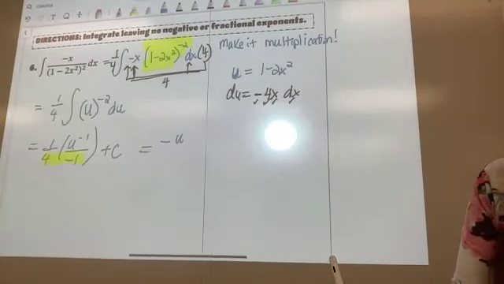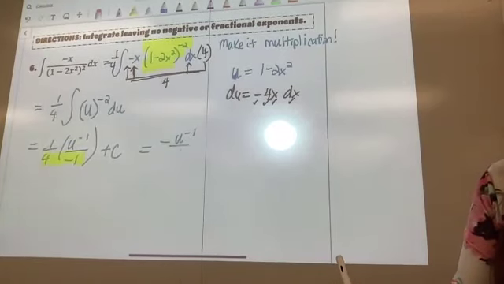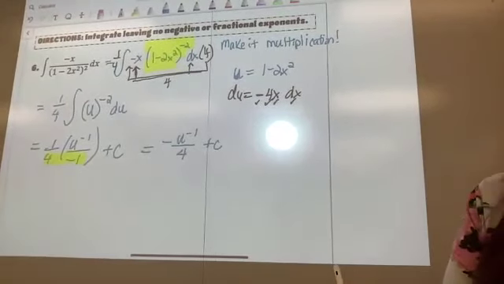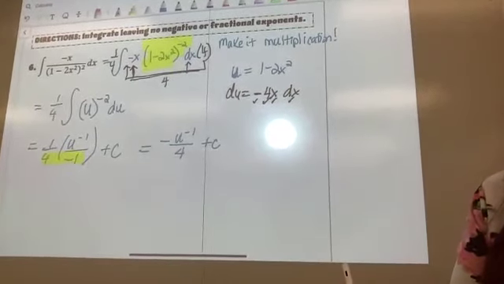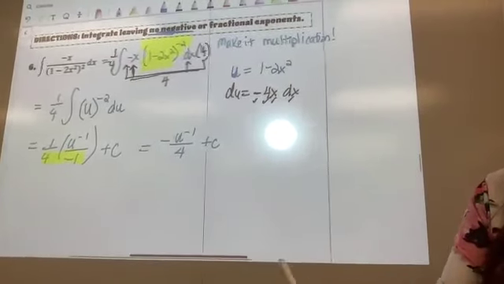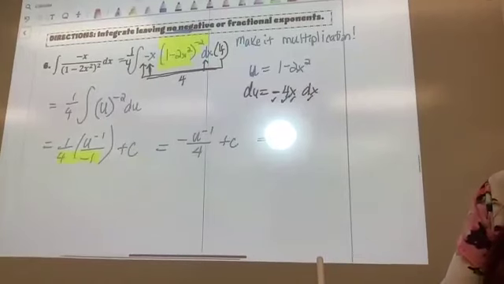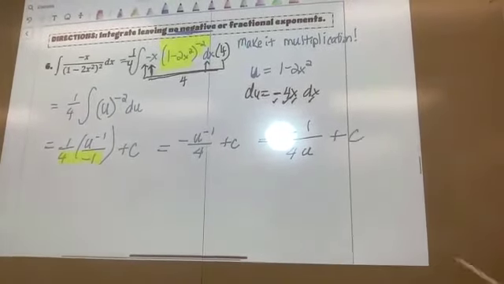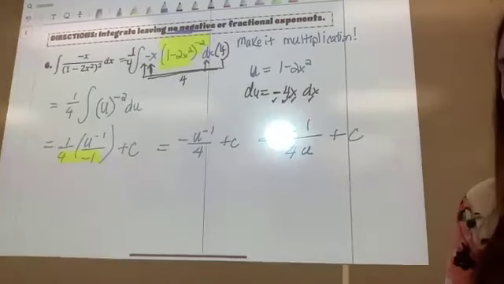Do you feel me there? Negative u to the negative 1 over 4 plus c. So we plug in. Well, actually, that u to the negative 1 goes where? I don't want any negative exponents. Denominator. So this is negative 1 over 4u, right? Plus c.